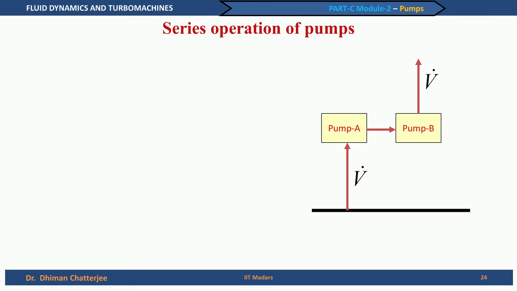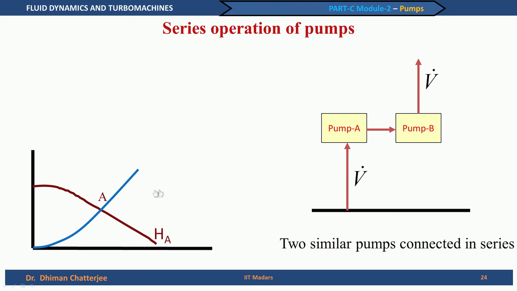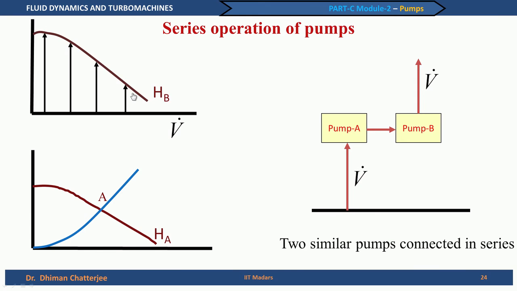Let us take that these 2 pumps are identical, it is not necessary, but let us take that these 2 pumps are similar, which are connected in series, to make our discussion simpler. So, we know that this is my operating point and H A is the pump characteristic curve for pump A. Of course, pump B has an identical curve. Now, when these 2 pumps are added, the same volume flow rate flows through both the pumps.